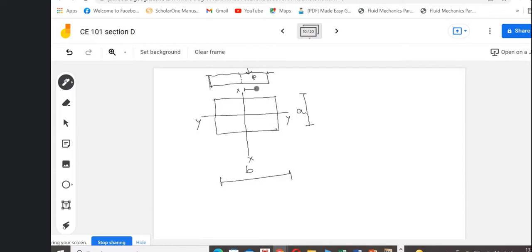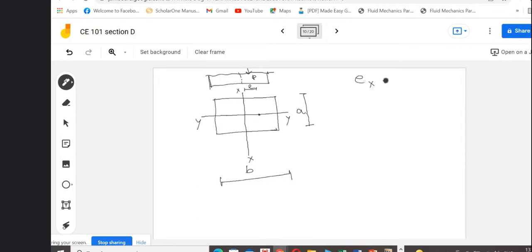So this is P and this is the distance E. This is a rectangular section of A and B. So what will be the E value, that is the EX value, the distance from the X axis, the neutral axis, for which the entire stress will be in the compressive zone?